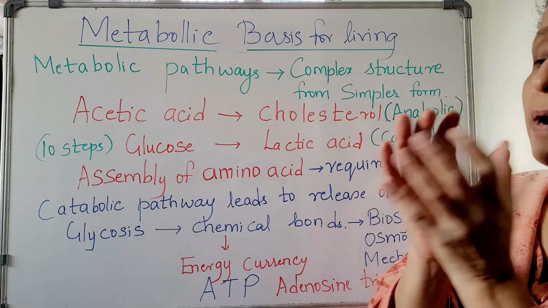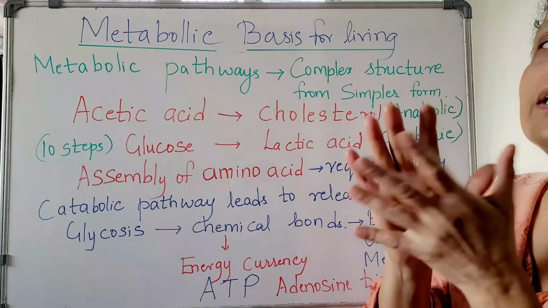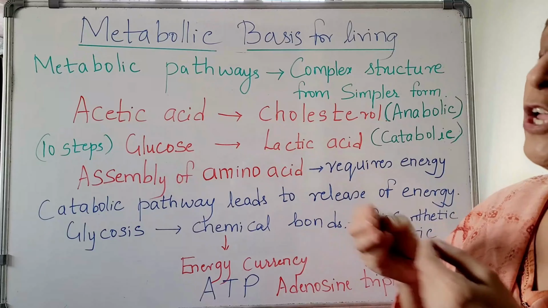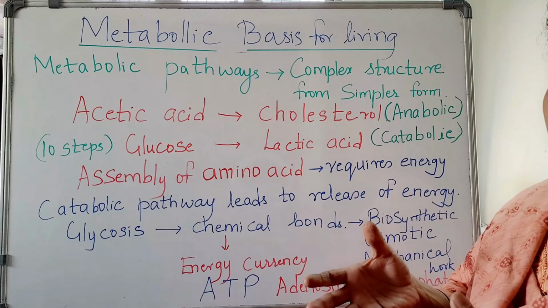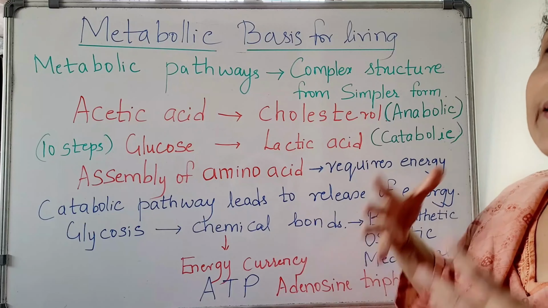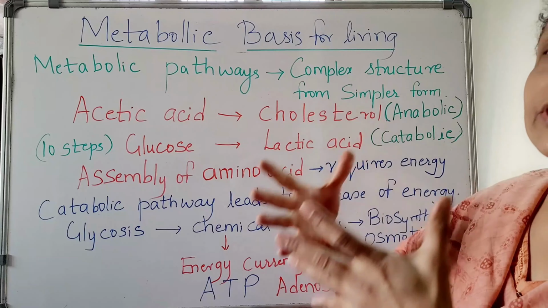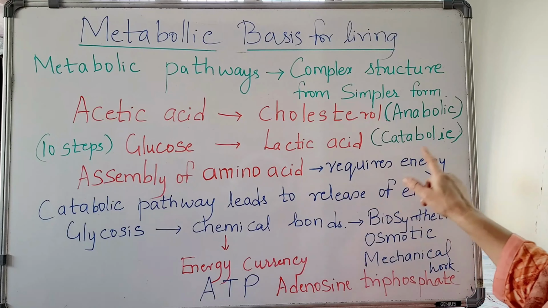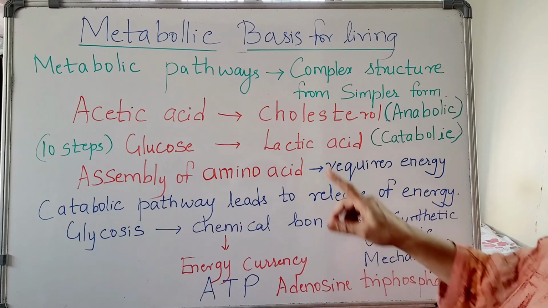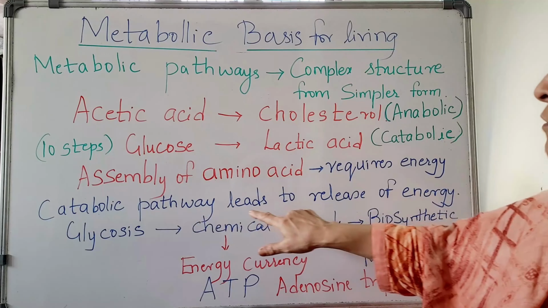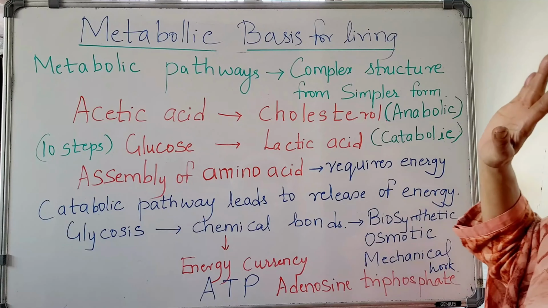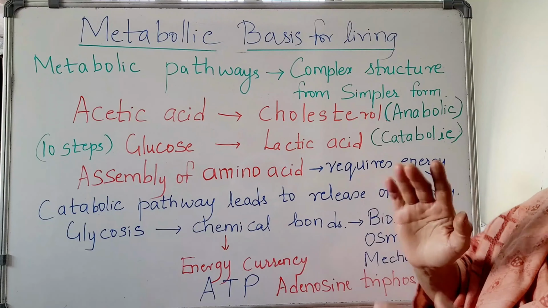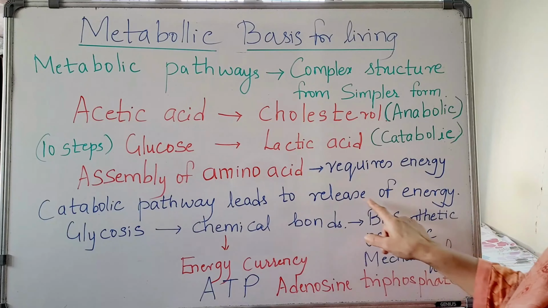Now there are many metabolic processes which are happening. Amino acids getting converted into proteins, that is construction. You are building something, so energy is required. That is anabolism. Assembly of amino acids requires energy. Now, the catabolic pathway leads to the release of energy. Whenever breaking takes place, or catabolism takes place, energy is released.